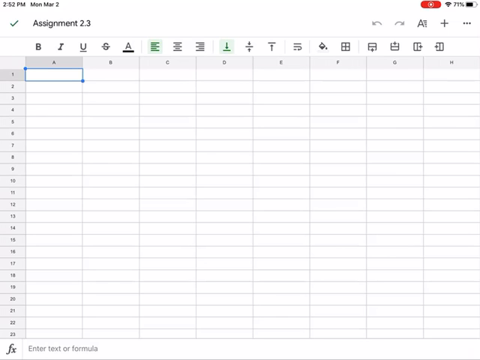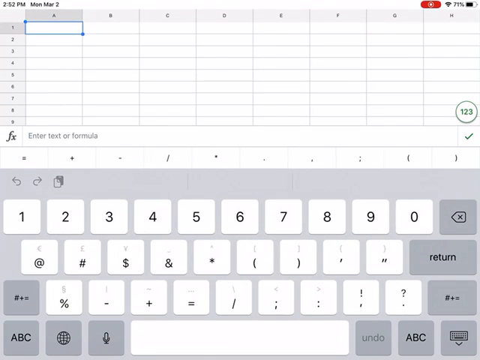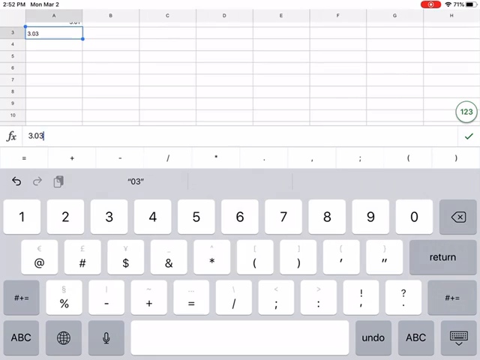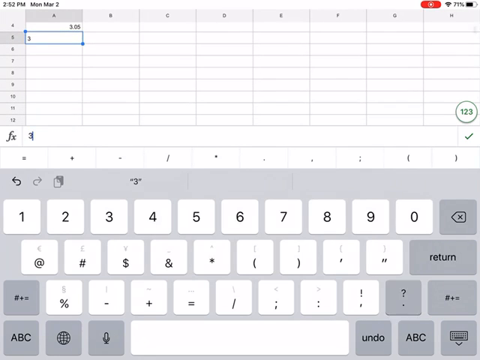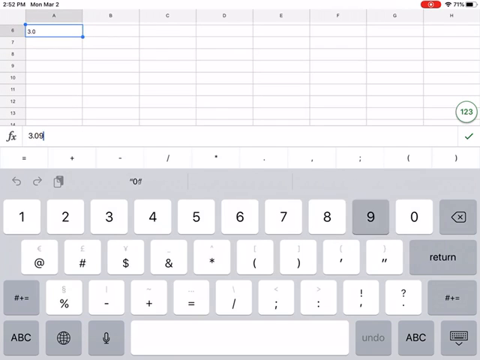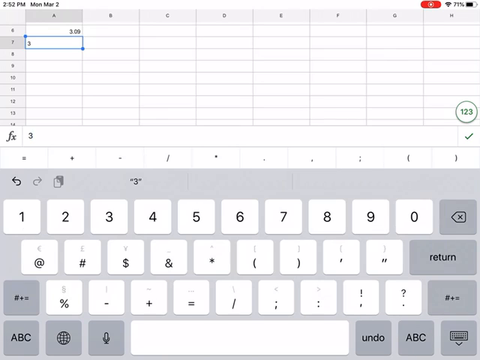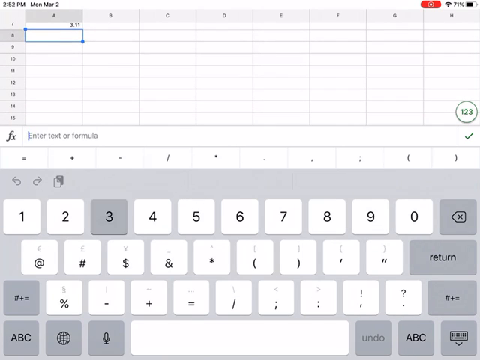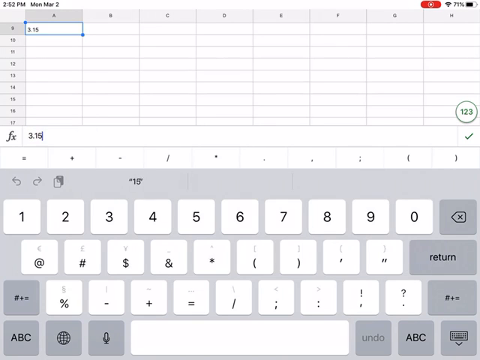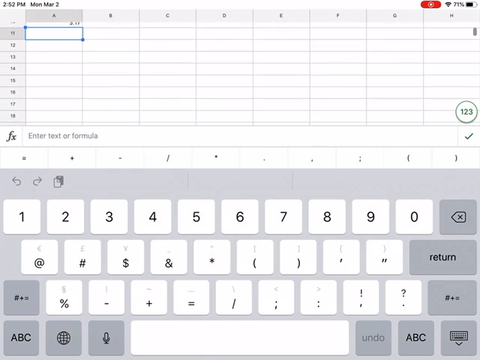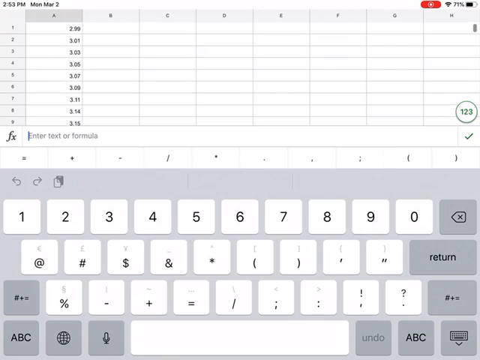Then I'm going to enter my data. All right, I got the first row done. Now I'll do the next one.